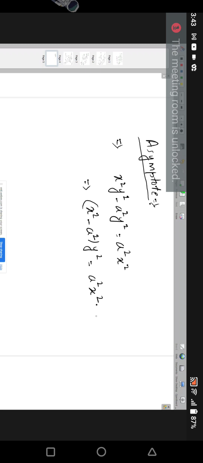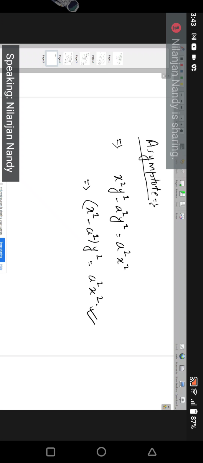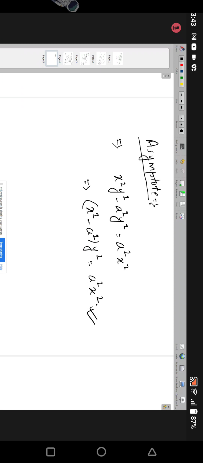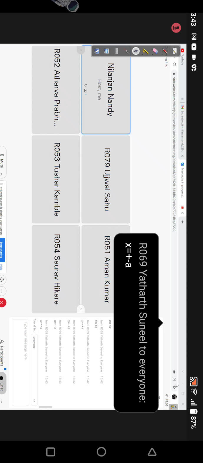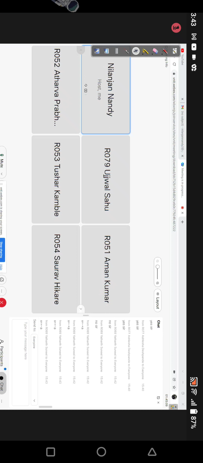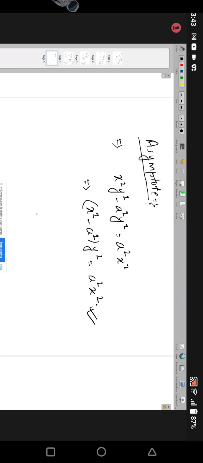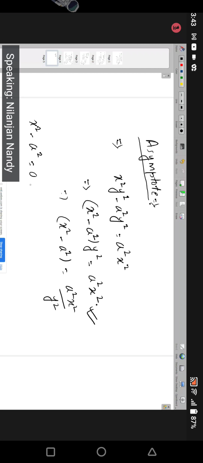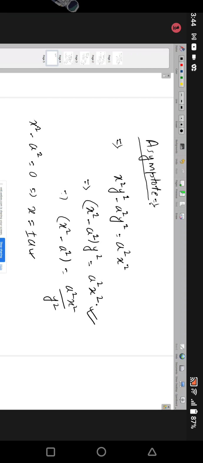If you tend y to infinity, what do you have? So you are having x square minus a square equal to 0. So this basically equals x equal to plus minus a.